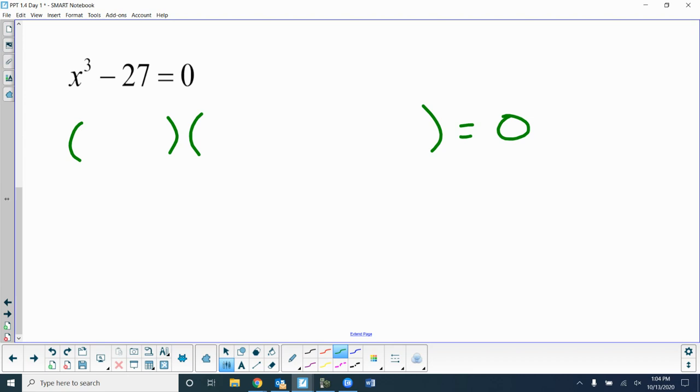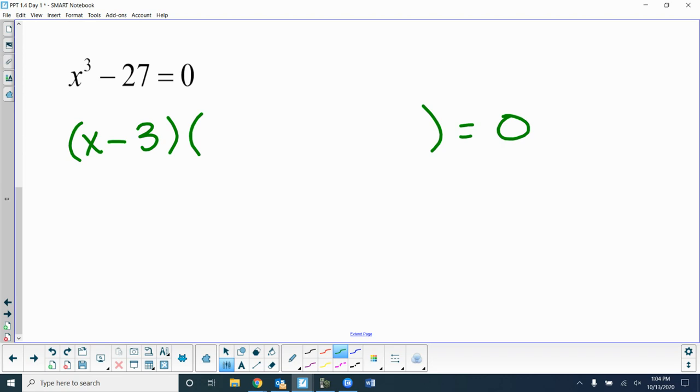We take the cube root of both terms, and that gives us our binomial. What's the cube root of x cubed? And the cube root of 27? 3. Since that's subtraction there to start, this binomial is also subtraction. So x minus 3 for that part. For the trinomial part, you take the first term of this binomial we got and square it.